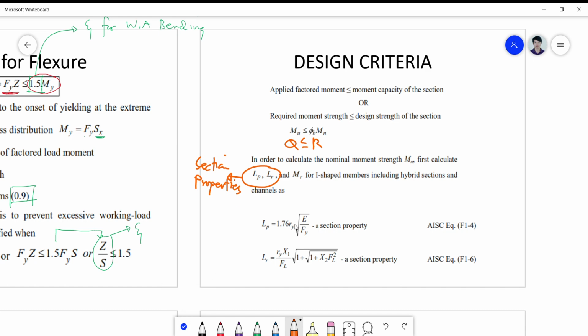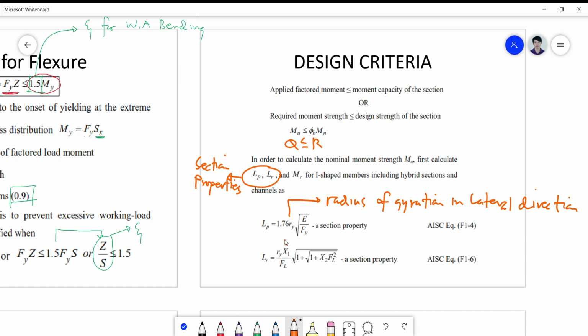And the values, of course, your ry here is simply your radius of gyration in the lateral direction. So not necessarily the width.